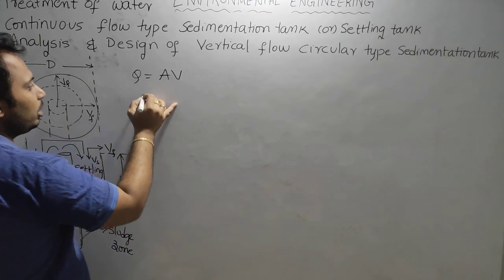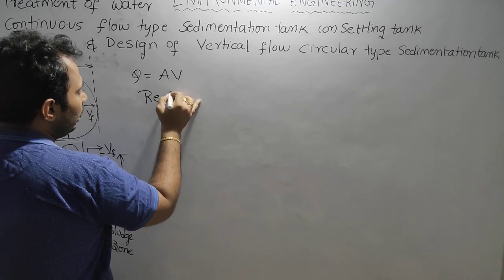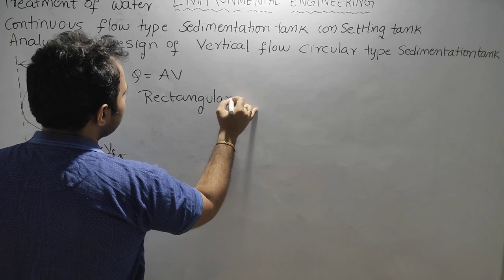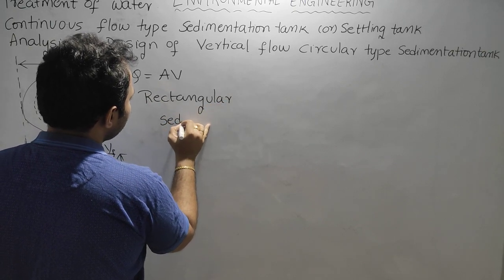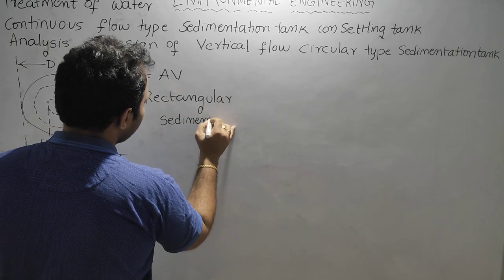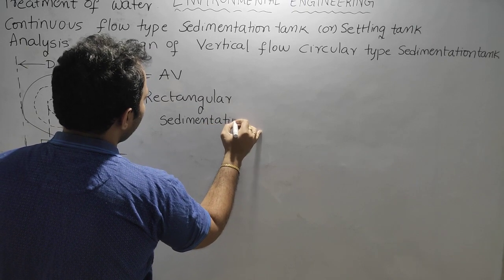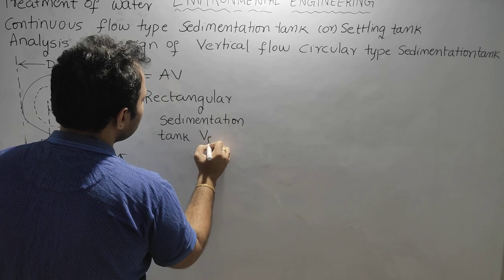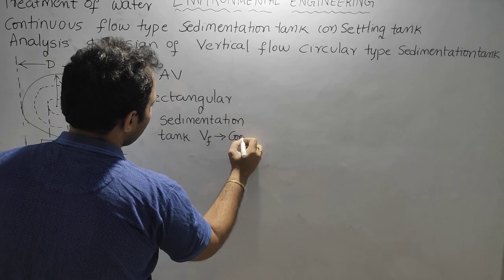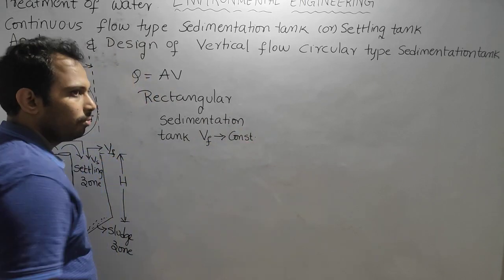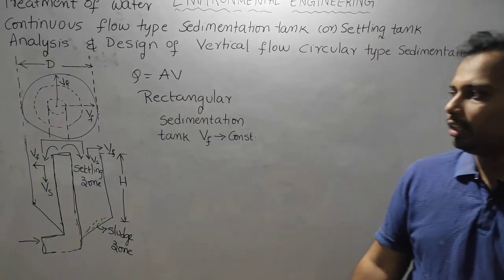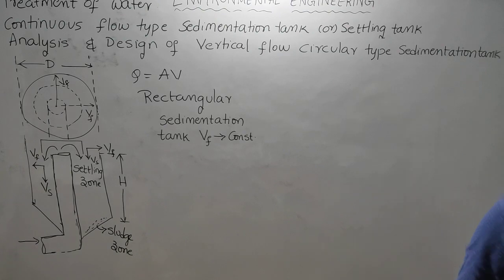In a rectangular sedimentation tank, Vf is constant. That is why the resultant there is a straight line.